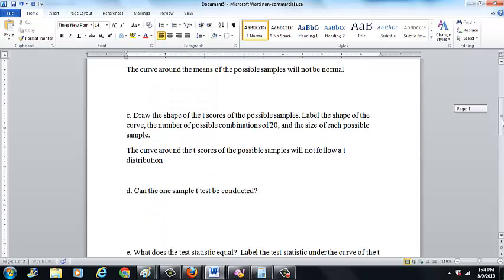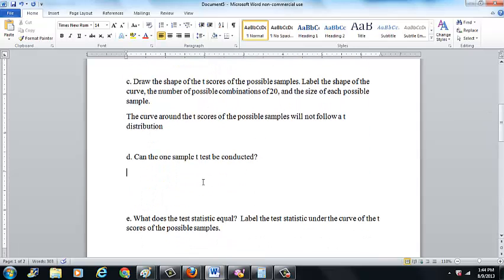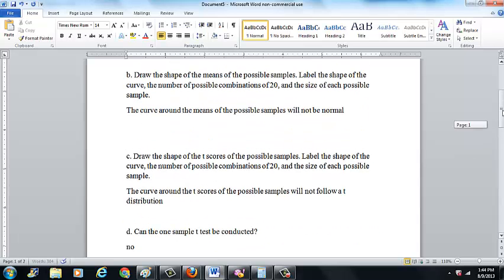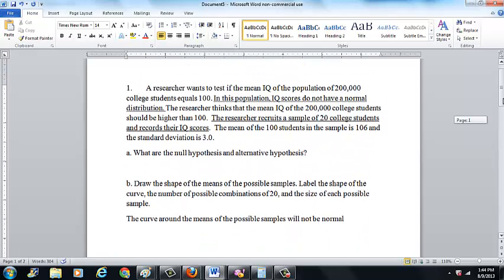And also, the one sample t-test can't be conducted because we didn't have a normal set of sample means and we didn't have a t-distribution, so we can't do the test. We didn't satisfy our assumption of having a normal population or a sample size of 30 or larger.